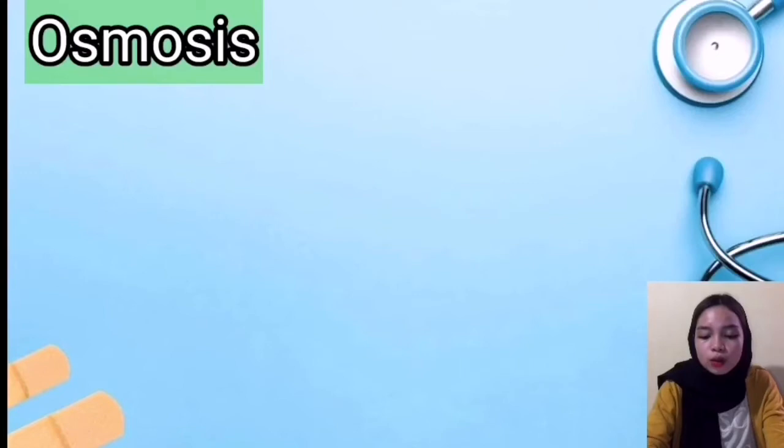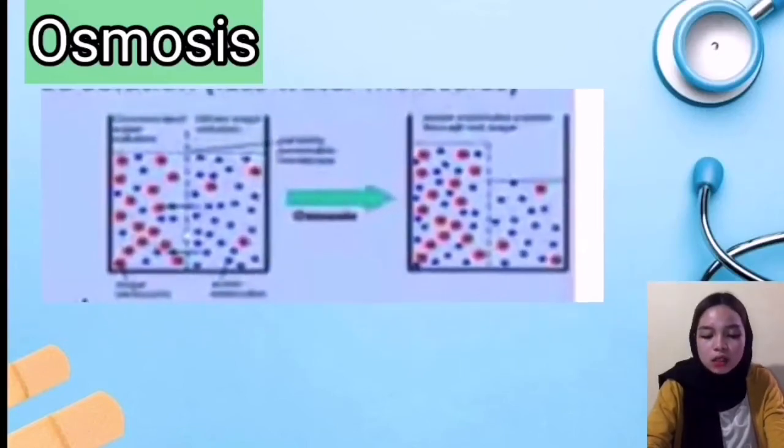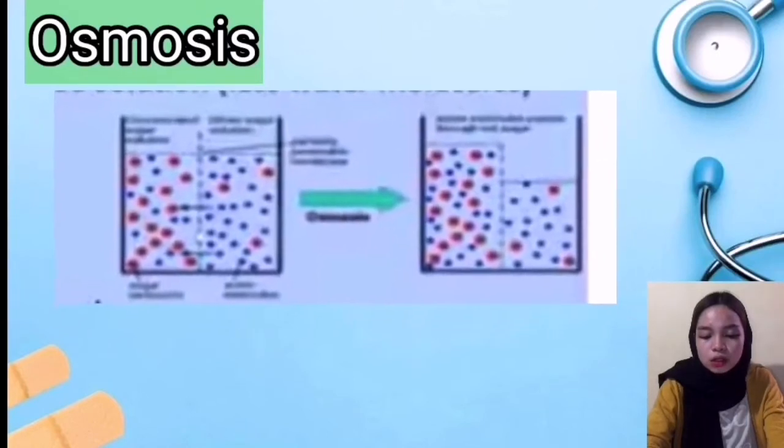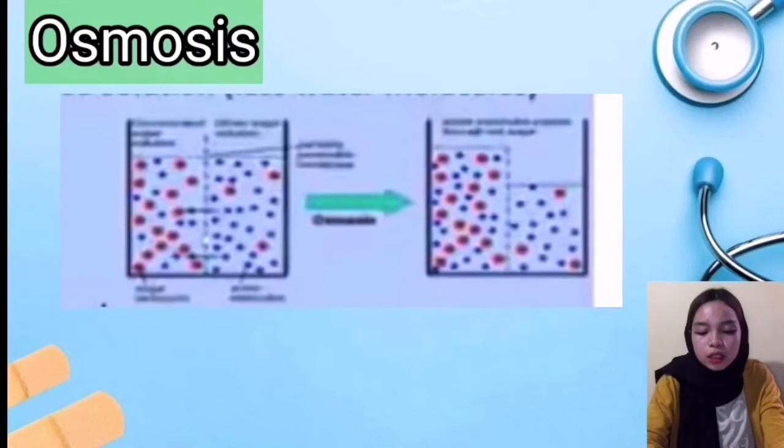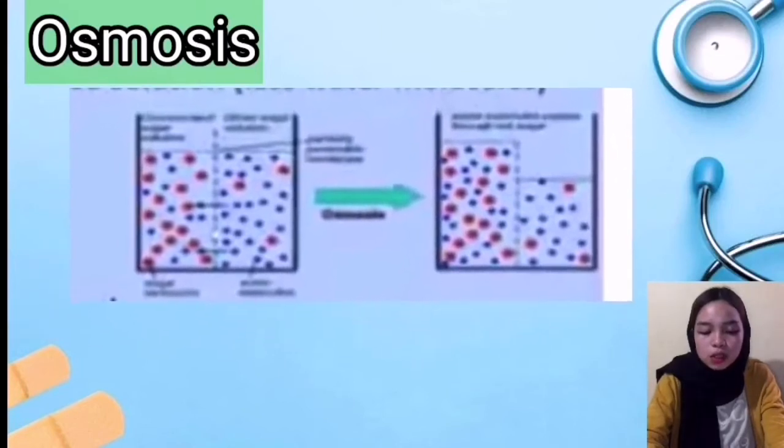The water comes and fills up the left-hand side and makes the concentrated solution side more diluted. So that is osmosis: going from an area where there is more water to where there is less water across the semi-permeable membrane.